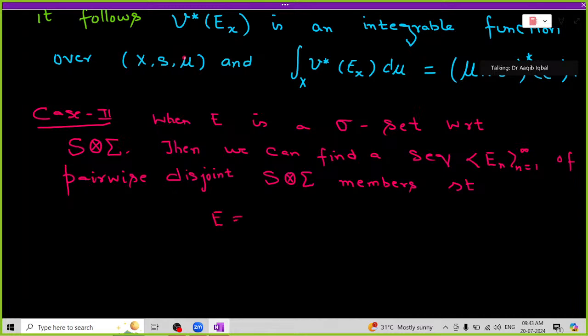Such that E is equal to union n runs from 1 to infinity E sub n. तो ऐसा किया जा सकता है.